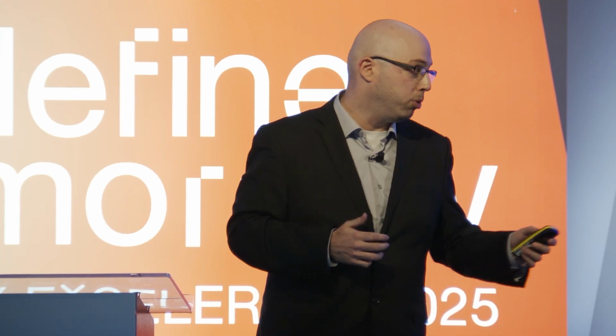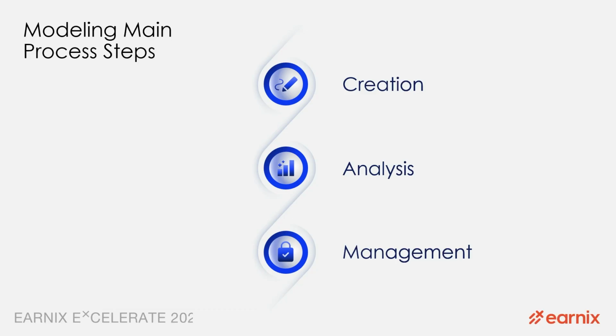The combined solution of both of them together allows us to provide intelligence and value to each step of the modeling process. And when I'm talking about the modeling process, I'm referring specifically to those three steps. The creation, during which we need to create the model. It can be by building it internally as GLM, or importing an external model.